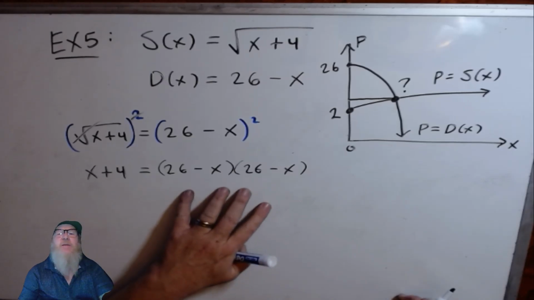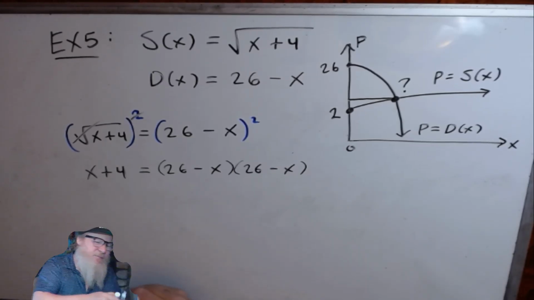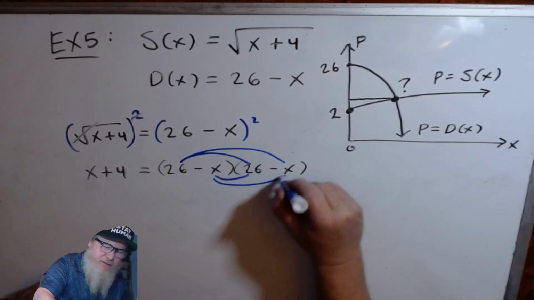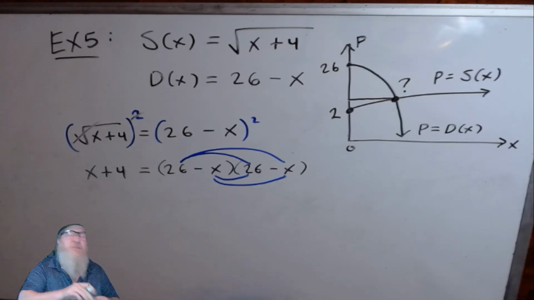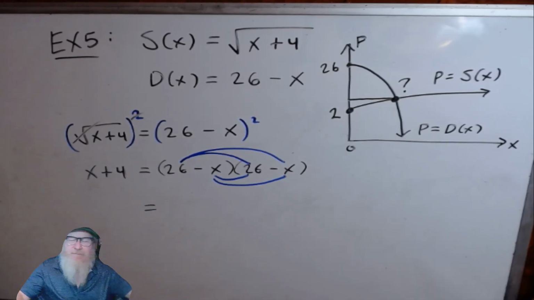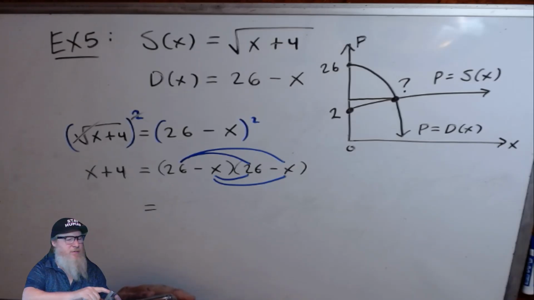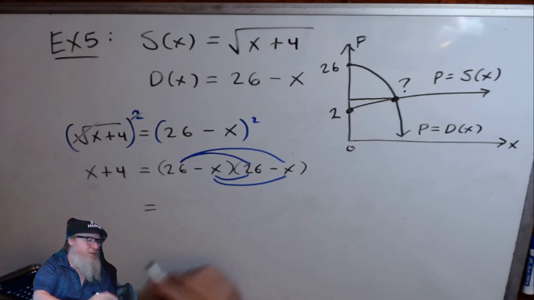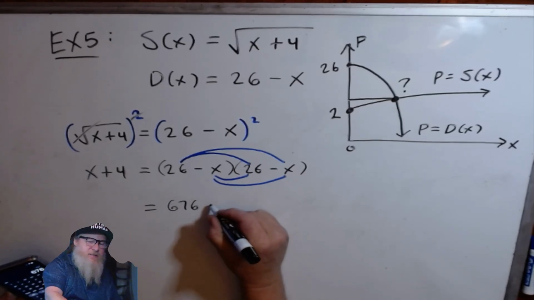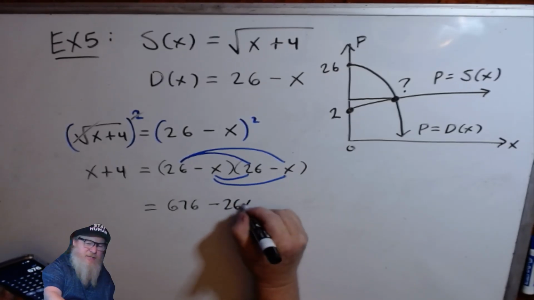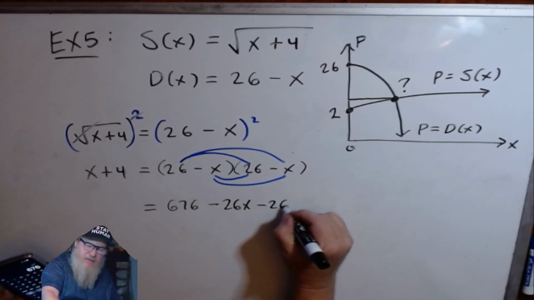Right, but now you've got something a little more complicated. You're going to have to multiply all of this. I like to draw the arrows. 26 times 26, 676, and then 26 times x, 26x, and then another negative 26x.